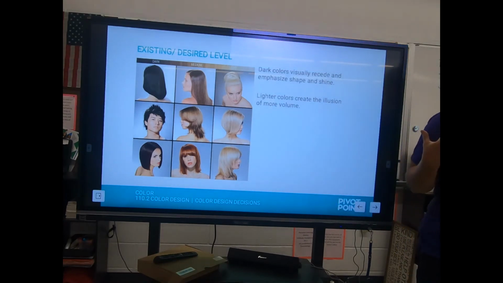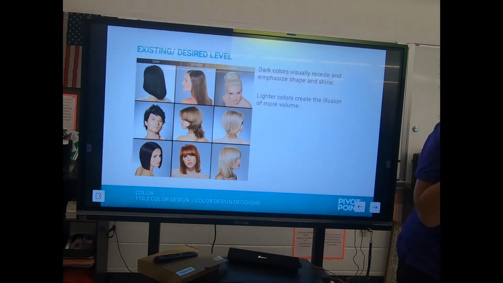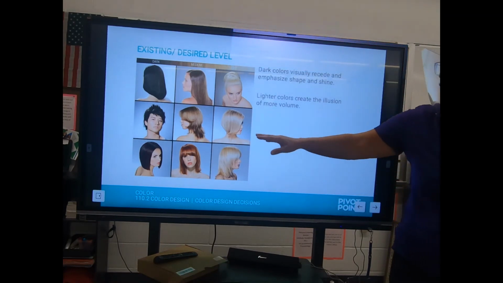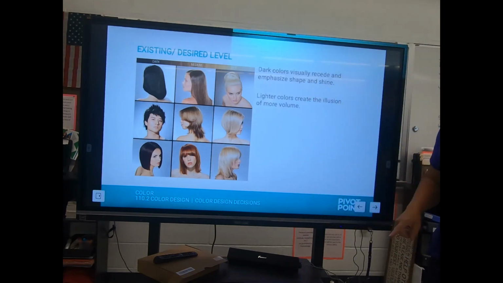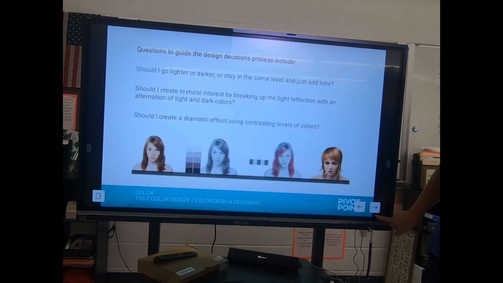So if you see anybody that gets their hair highlighted, if they have brown hair and they get blonde highlights, when you look at them, do you see the blonde first or the brown first? Blonde. Blonde pushes to the front, it comes towards you, brown recedes. Okay, so darker colors come back, lighter colors come forward. And that's always true. Lighter colors will look like they have more volume.